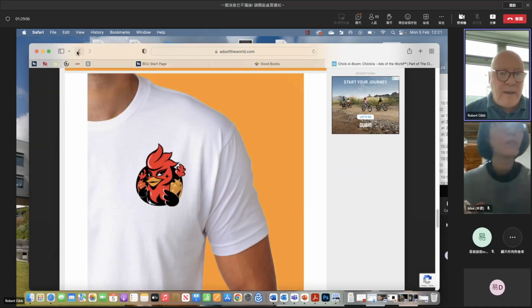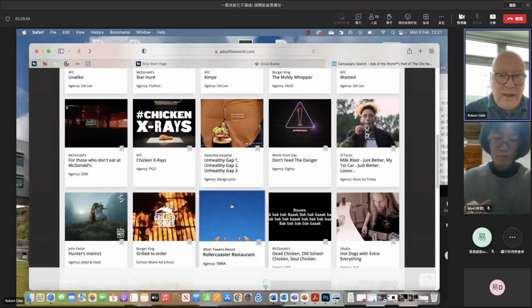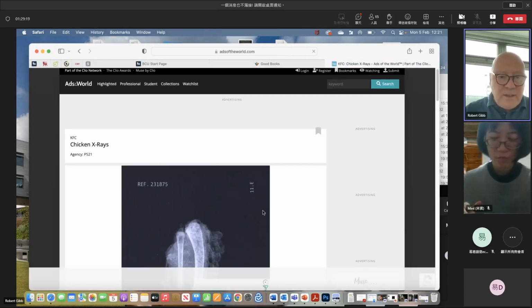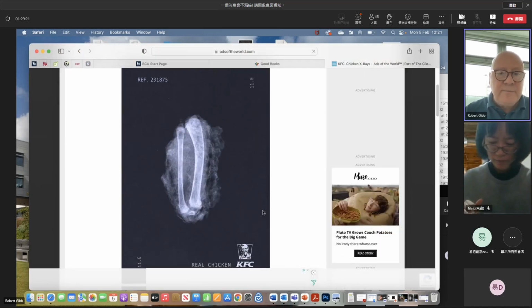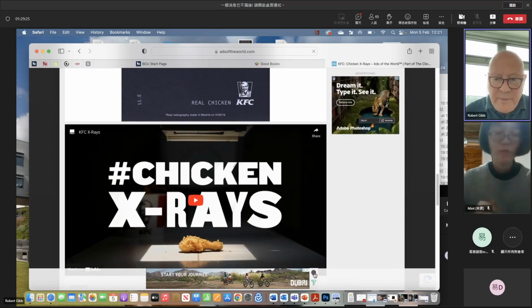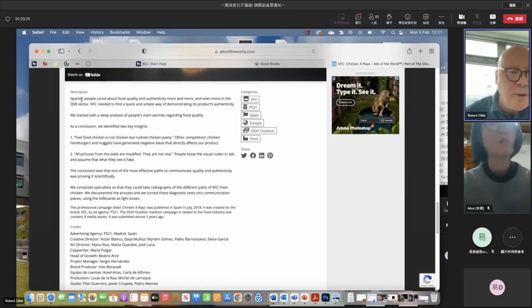If I go back and look at another fast food, I'll just look at KFC X-ray chicken. This is agency PS21, and this is X-raying chicken. Oh, this is bizarre. Right, so this is for Spanish people.